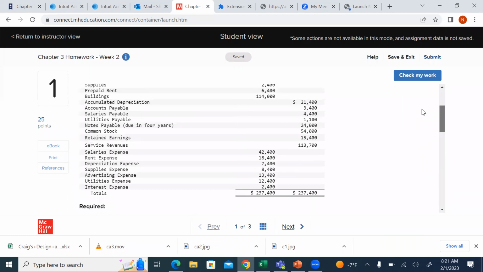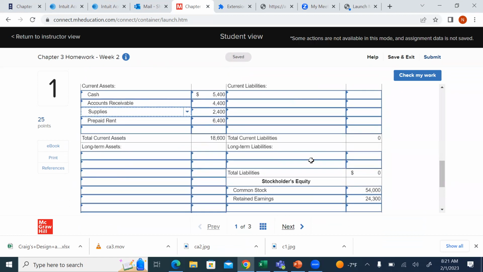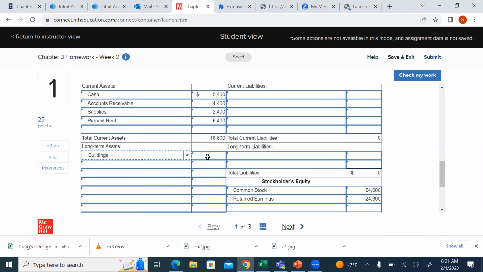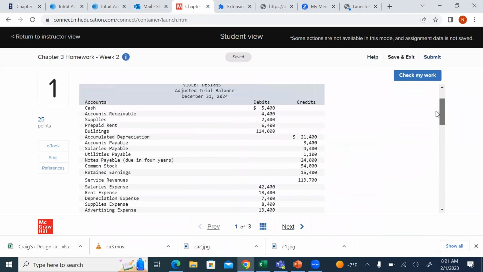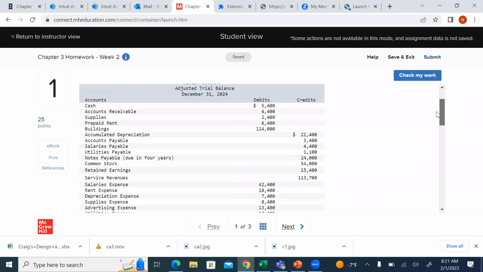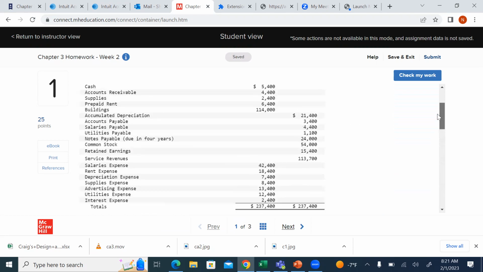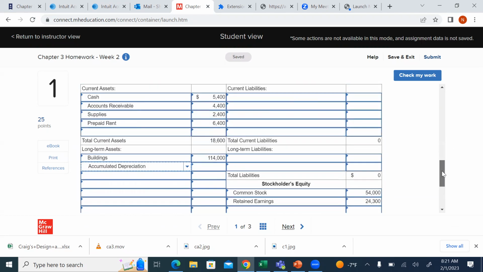So building of 114,000, less our accumulated depreciation of 21,400.